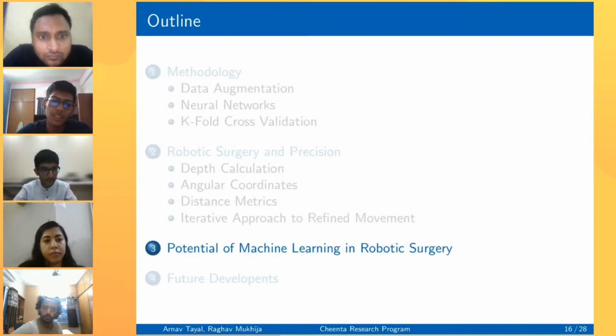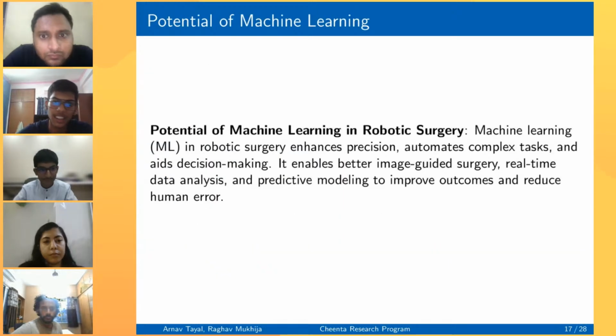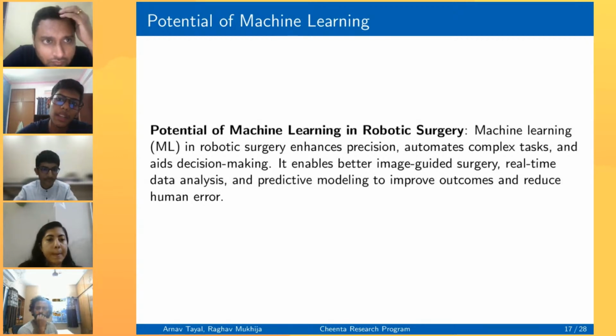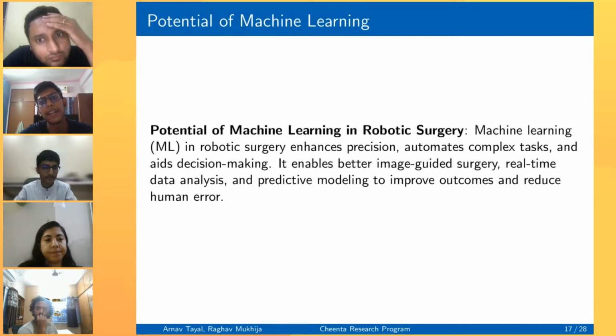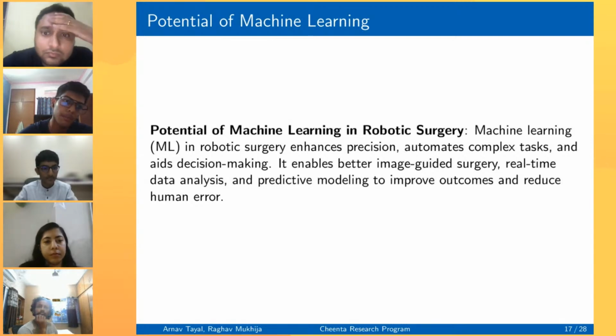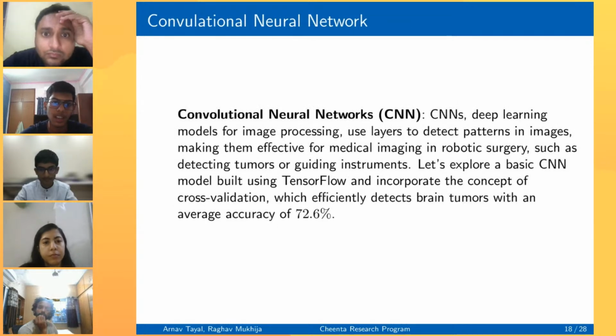The potential of machine learning in robotic surgery. Machine learning can greatly improve robotic surgery by making it more accurate and helping robots make better decisions during operations. By learning from past surgeries, these robots provide safer and more effective treatments for patients. Convolutional neural network (CNN).